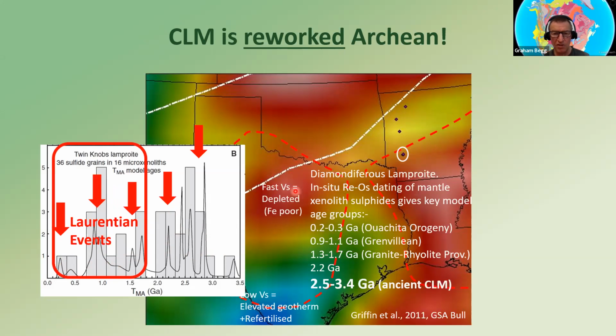So these are Laurentian events. They belong to North America, those three here. However, these older two events don't belong in North America, and they're quite possibly West African, but it's indicating this whole lithospheric belt through here is a fragment from another continent.